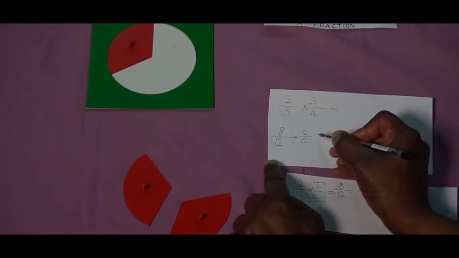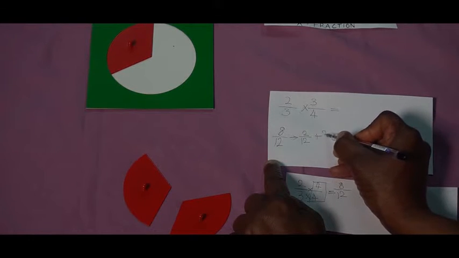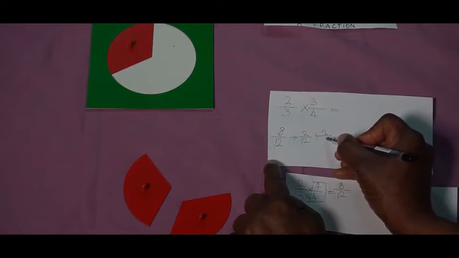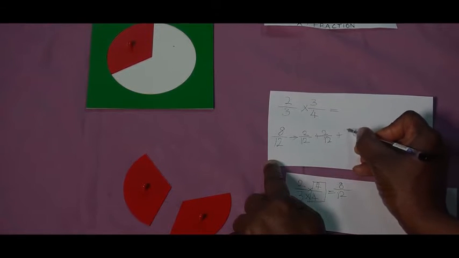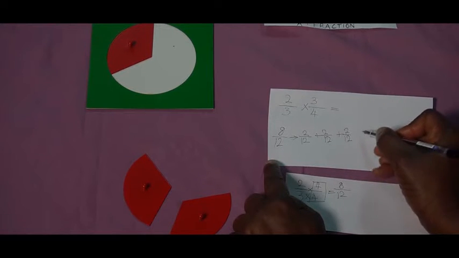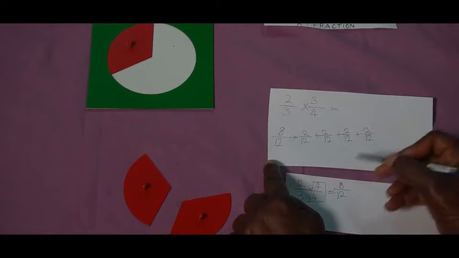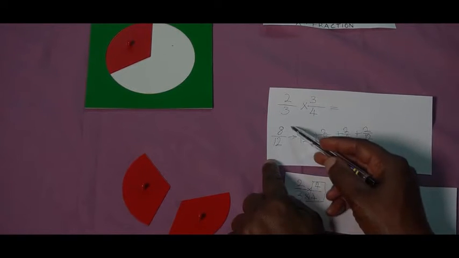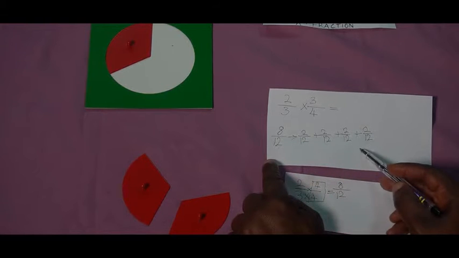So this is another 2 twelfths, 2 twelfths, 2 twelfths. Now I've broken my 8 twelfths into 4 equal groups.